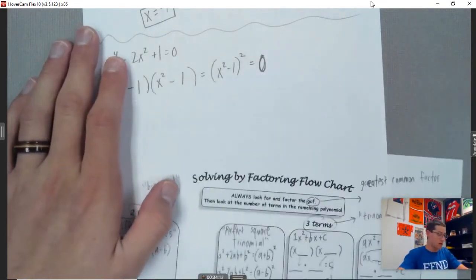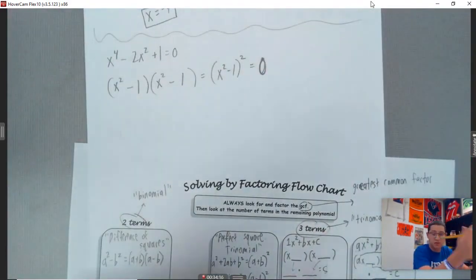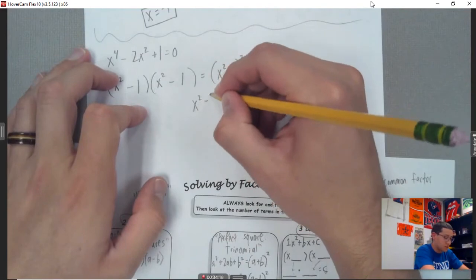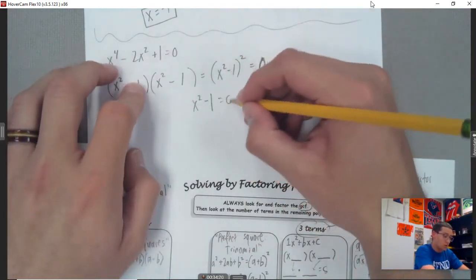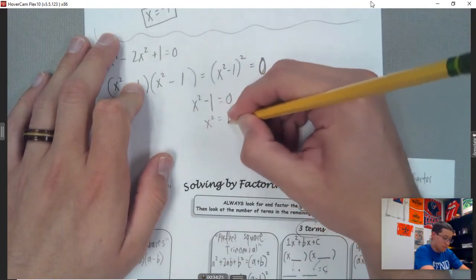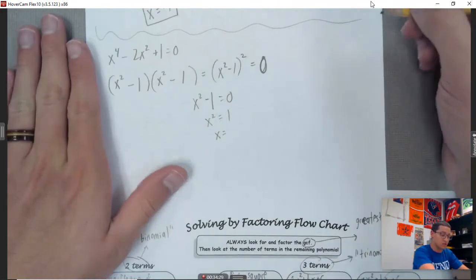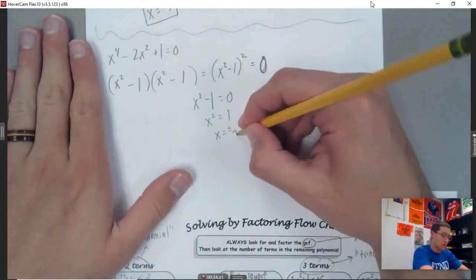In order to solve this one, you're technically splitting, but there's no point to split, so you just end up with x squared minus 1 is equal to 0. Add 1 to both sides. You get x squared is 1. And then x is equal to positive or negative 1.